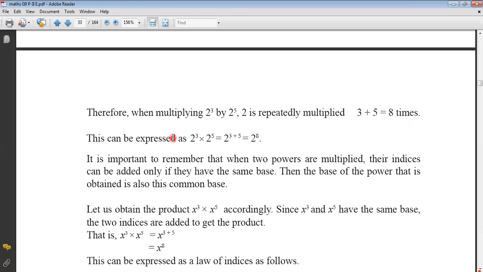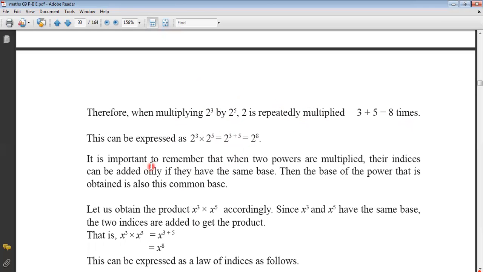Now, this is called the base and this is called the exponent. These two exponents you can add. Write the base 2 here because the base is the same. 3 plus 5, 8. The 8th power of 2.